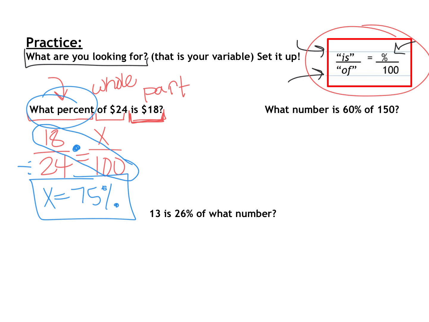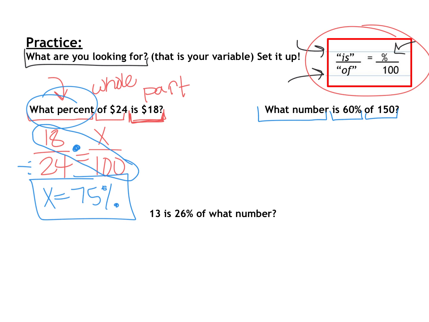Okay, and then we ask ourselves, does 75% of 24 make sense that it would be 18? And yes, that does make sense. Okay, what number is 60% of 150? So what number, so we're taking 60% of 150 and we want to know what it equals, okay?